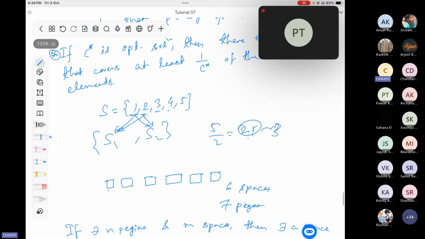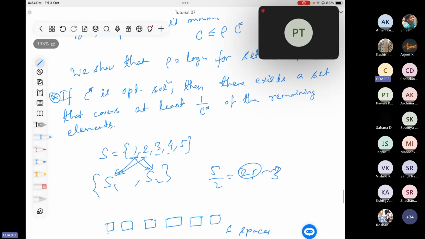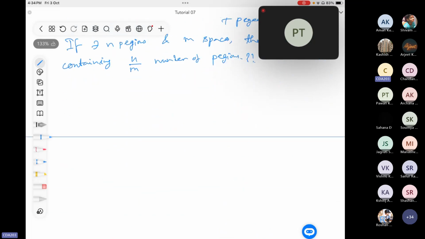So this means that now we are looking at this problem in a way that, let's say, in each step, in the first step, we select some element.